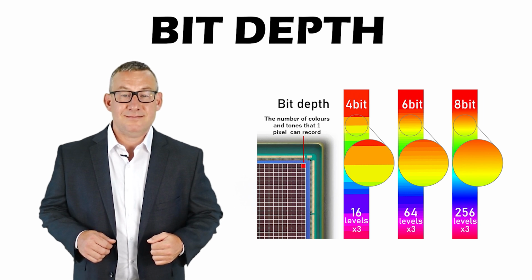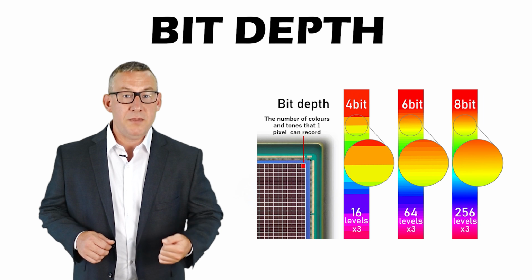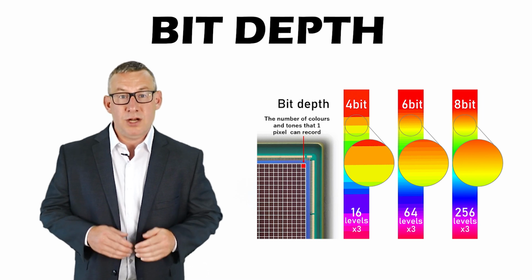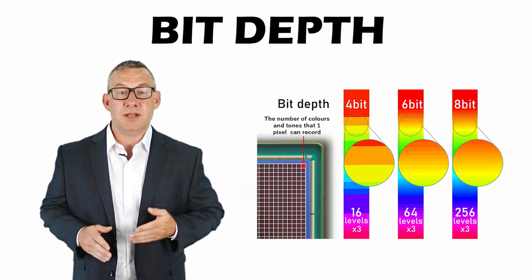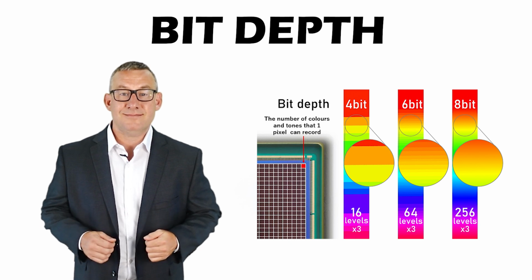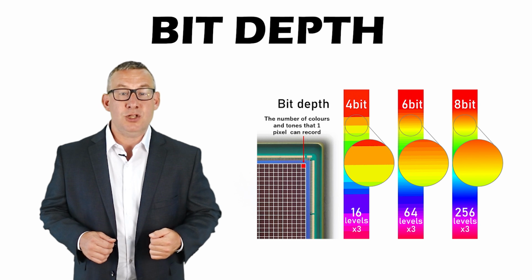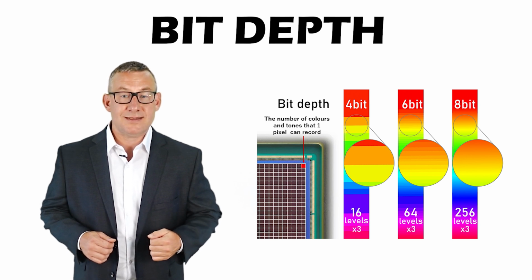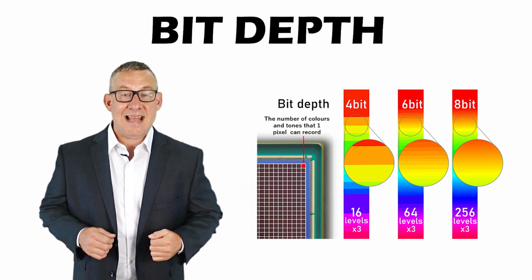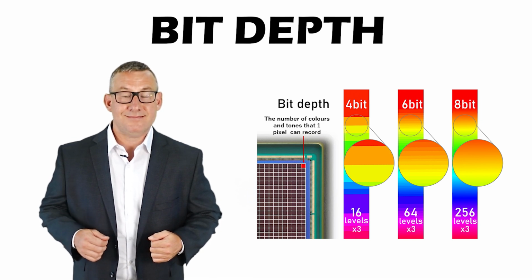Bit depth. More bits means the dataset has a greater range of data and can represent finer gradations of color. 8 bits allow 256 different values. 16 bits allow 65,000 different values.